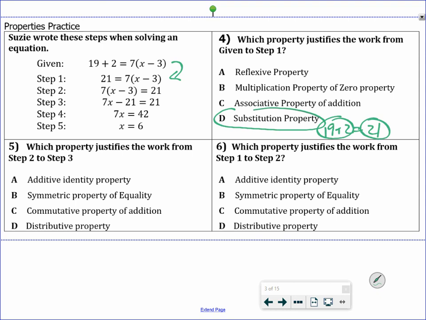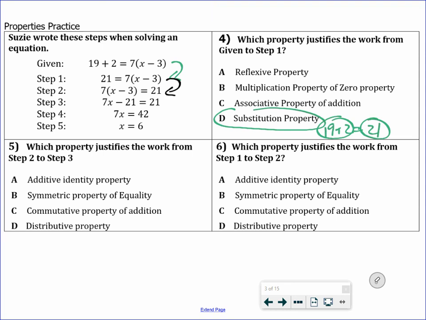Number 5, what justifies the work from step 2 to step 3? So step 2 to step 3 is what changed from here to here, and we distributed. And the last one, for number 6, what justifies from 1 to 2?